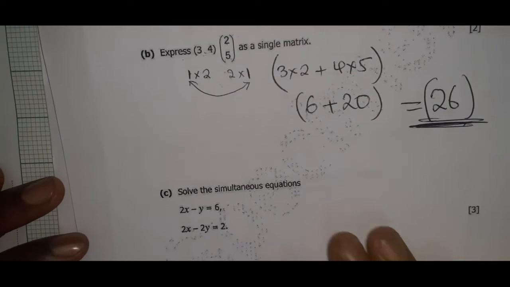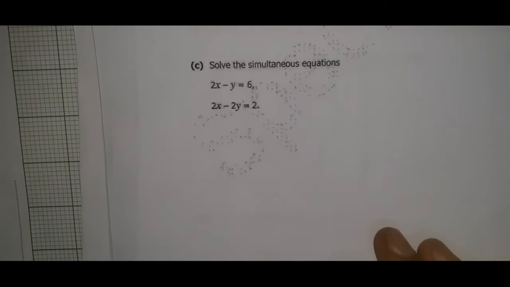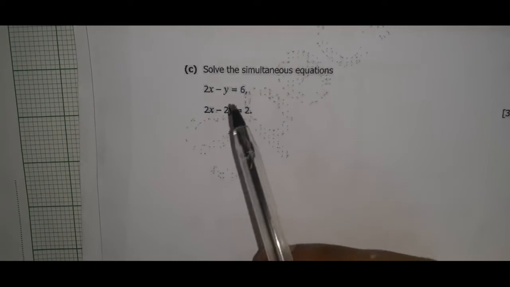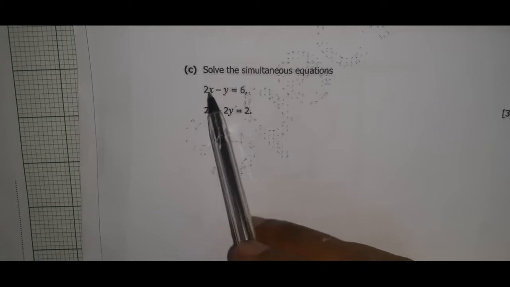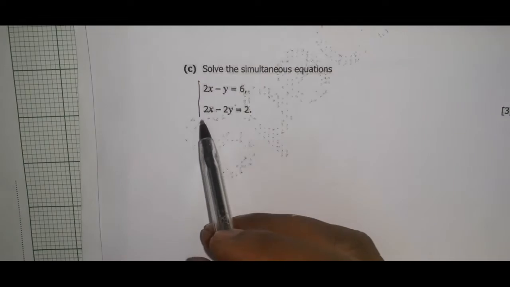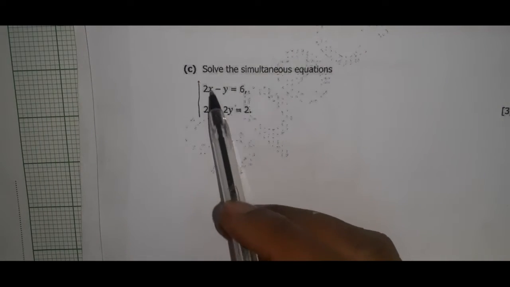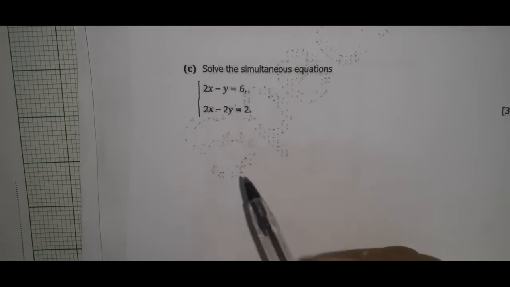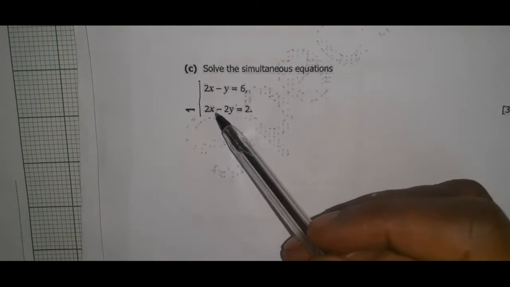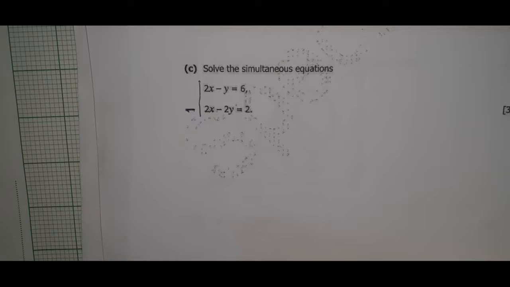Then let's come to the simultaneous equations. How do we solve this simultaneous equation? x already has the same coefficient, so to eliminate, we're going to use the elimination method. To eliminate x, we are going to use subtraction, so that 2x minus 2x gives 0.